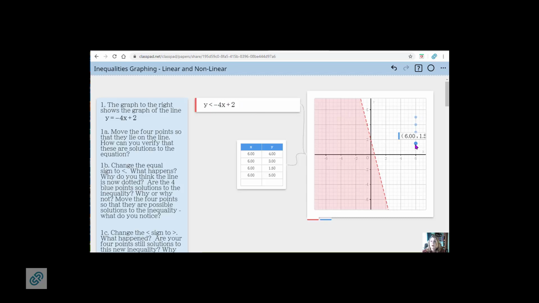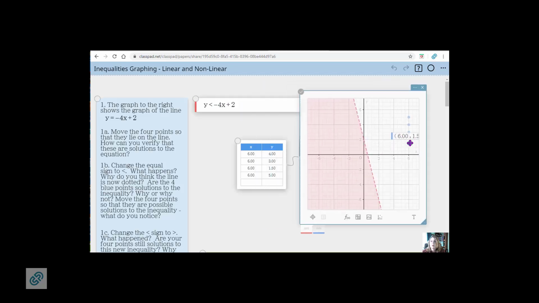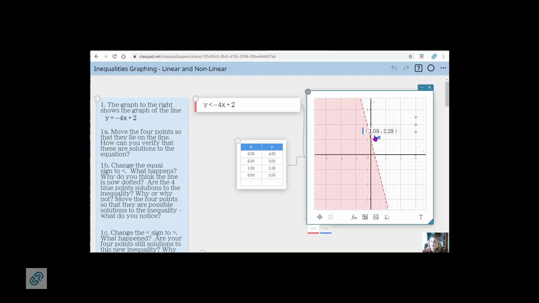If this was a solution to the original equation of the line where it was an equal, is this still a solution? And what does that dotted line mean? If they plug it in and test it, it's not a solution anymore. So they realize that a dotted line means less than, so those on the line are not solutions anymore.